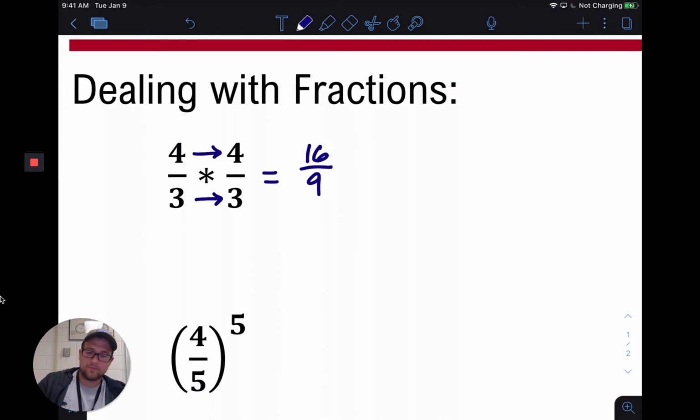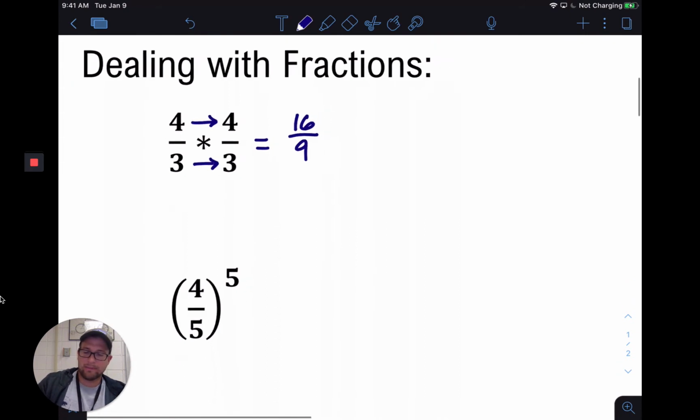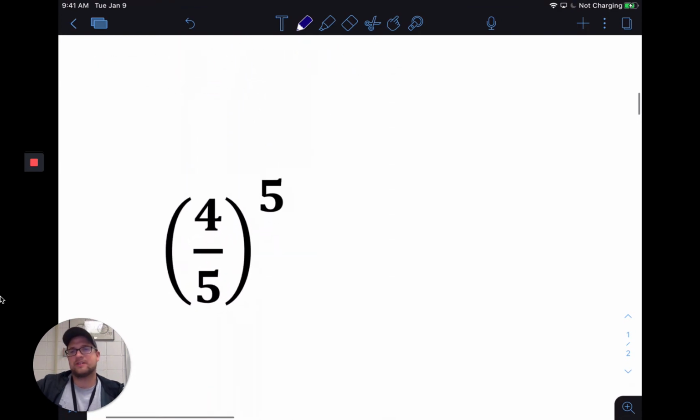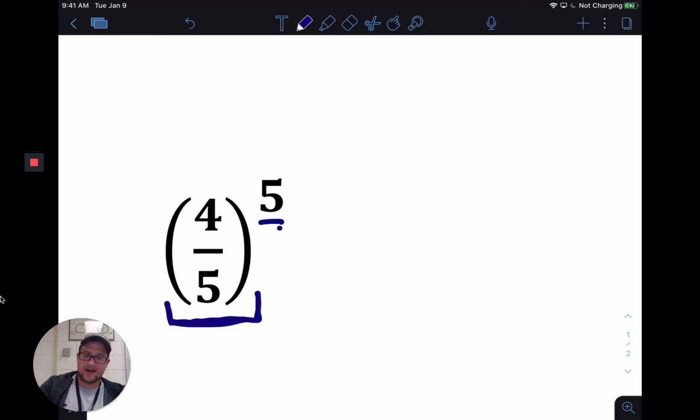Now, that's all fine and dandy, but what happens when we get to something that's being raised to a power? When you have a fraction that's being raised to a power, or really any base that's being raised to a power, all we do is we take that base and we multiply it by itself 5 times.